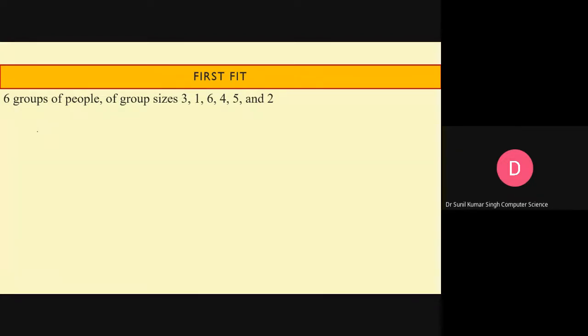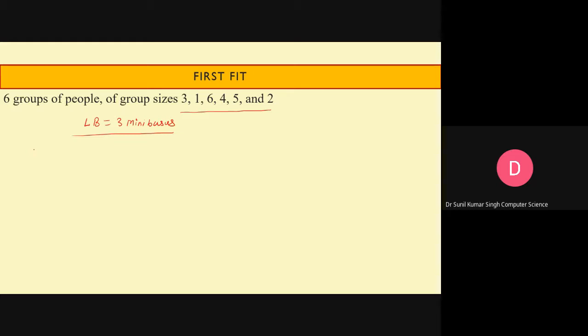As per the lower bound calculation, three minibuses are required, but it is not necessary that we can pack these items into three minibuses, because there is a condition that each group will stay together. They are not going to split.